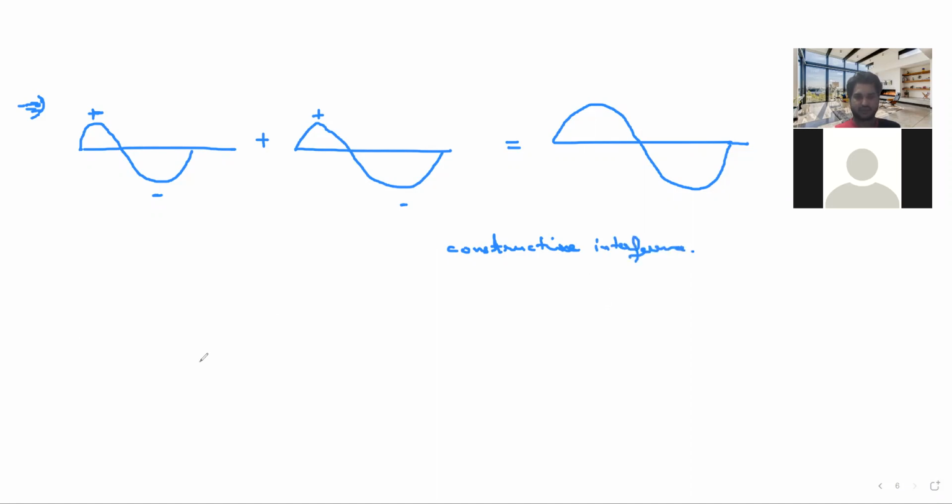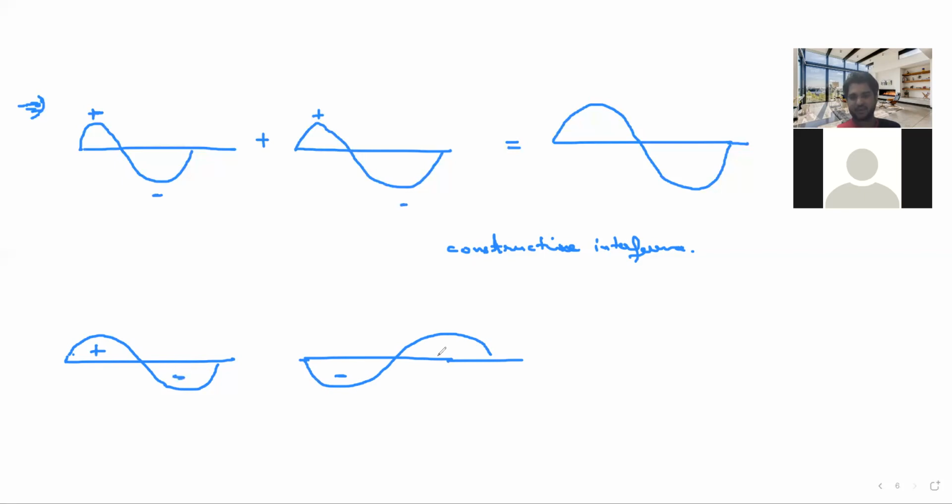Suppose there is a wave like this, and suppose there is another wave like this. See, this is positive, this is negative. When this positive is going to overlap with this negative, what will happen? Nothing will happen.